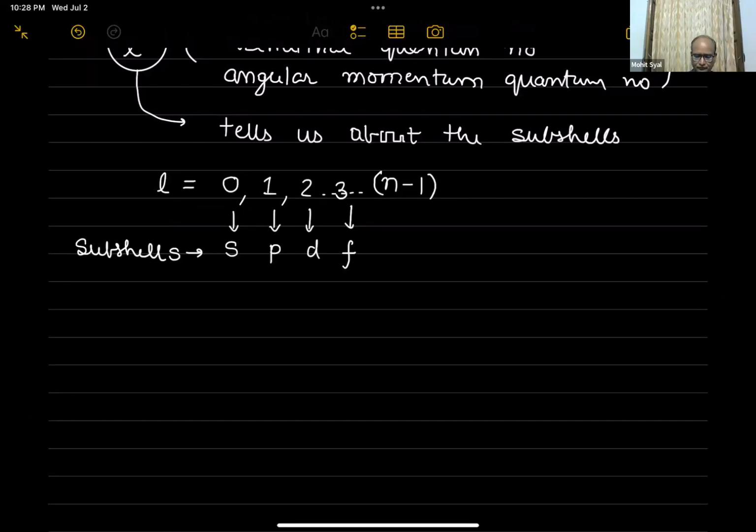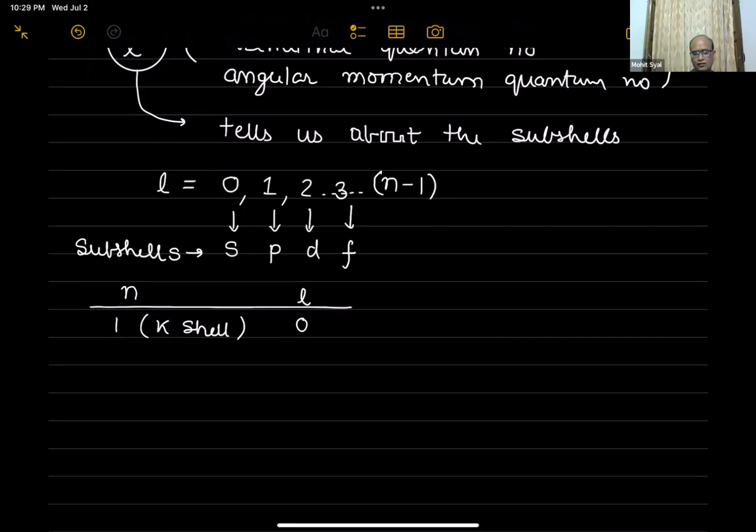Is it clear? So n equal to 1 means K shell. What will be the value of L and how many different values? L will start from 0 and goes up to n minus 1.